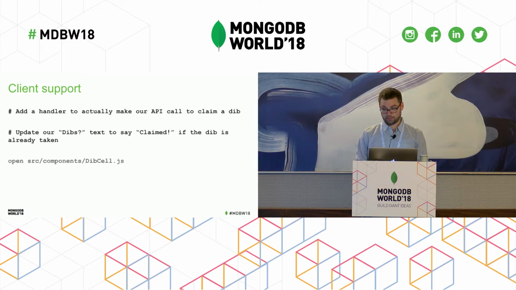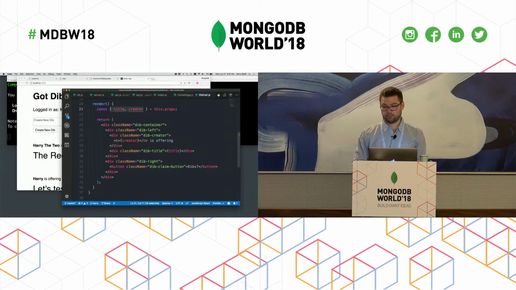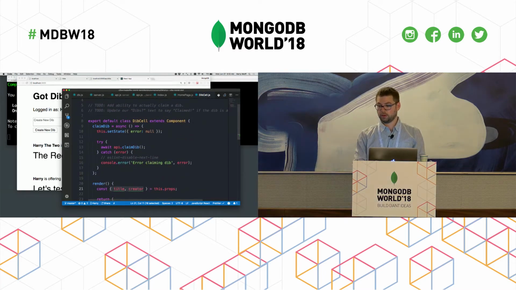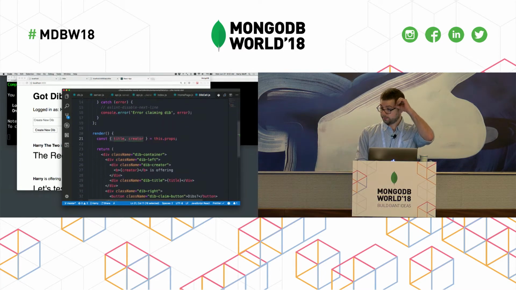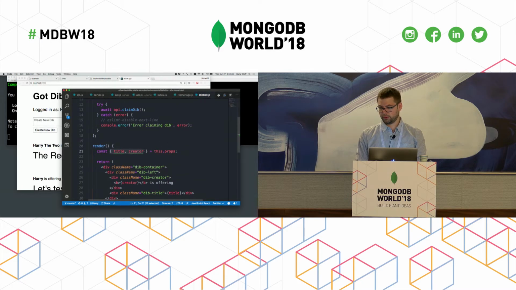So we have a handler that makes the API call to claim a dib. We're going to update our dibs text to say that the dib is already taken. So we're going to go into the dib cell, because this is where we have the behavior for calling a dib. We have most of this already done. These are properties from the dib document itself.